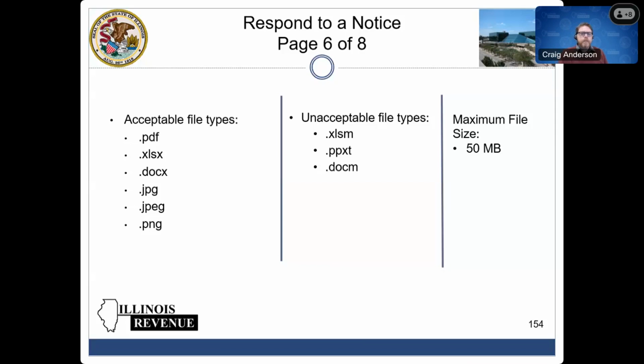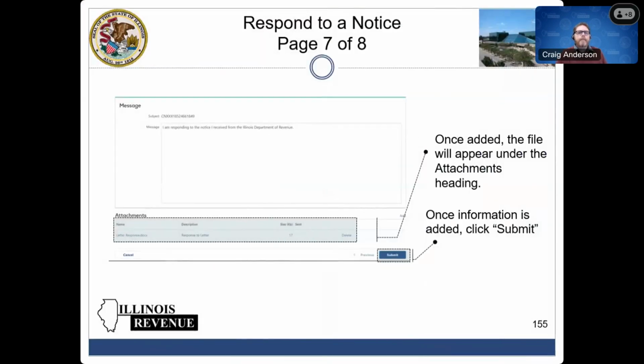So once you get that uploaded, you'll see that at the bottom. It'll give a link. You can open that up to make sure that it shows that information. Once all that's in there, we can click submit.